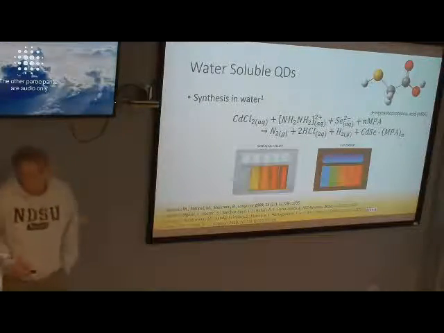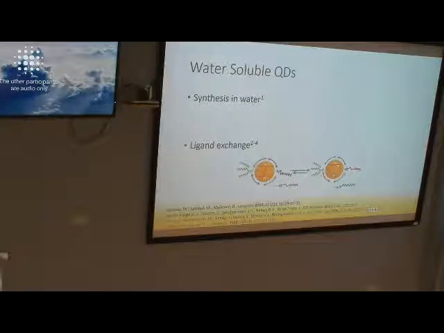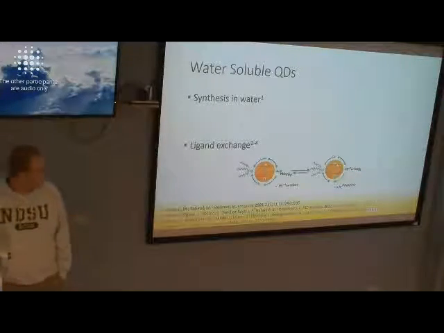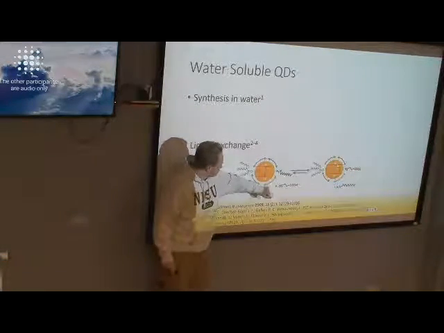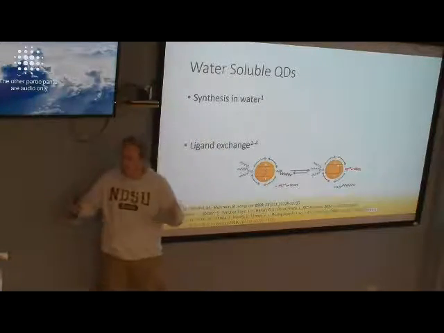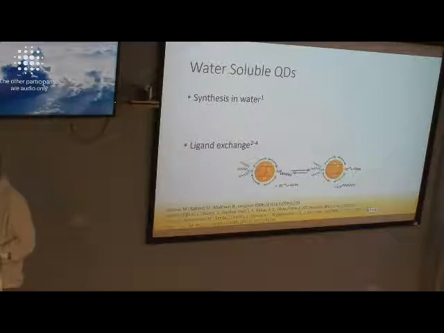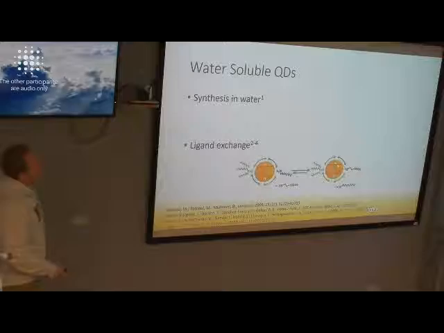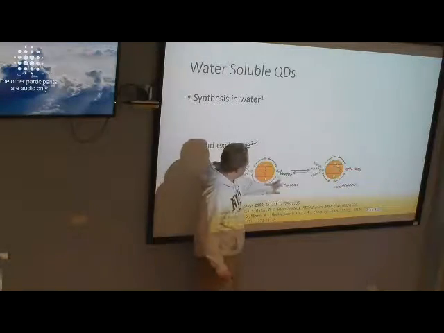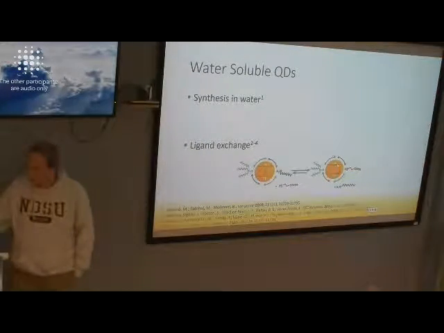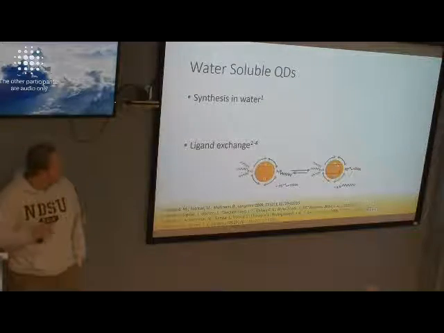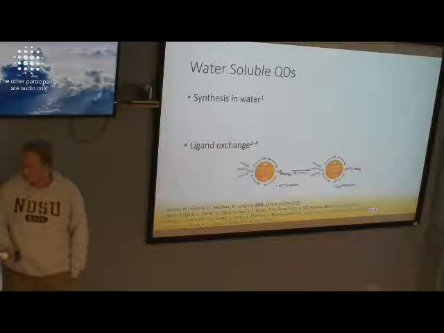The next way of doing it is ligand exchange, which is exactly what it sounds like: you exchange the ligands. One example from this paper, they have an amine on the surface, and in the solution around it, because it's a colloidal solution, they have the thiol-containing compound, and over time, the thiol will come in and kick out the amine. Then since the COO group, or the carboxylic group, is on the end, it will be water soluble.